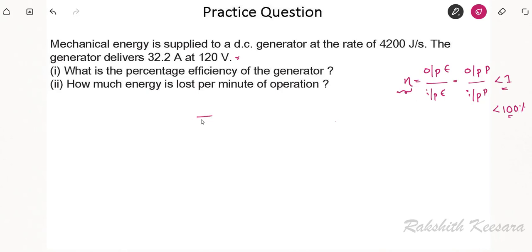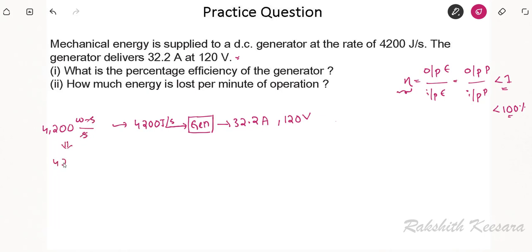Here there is a DC generator, and the input to the generator is mechanical energy, which is supplied at the rate of 4200 joules per second, and the output is electrical energy, which is 32.2 ampere at 120 volt. So here 4200 joule per second is nothing but watt second by second.